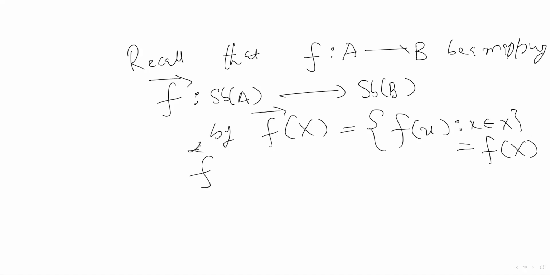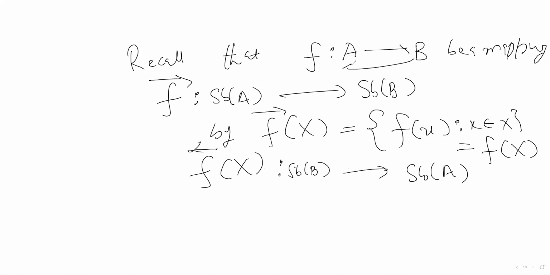And F backward arrow is actually the reverse image. F backward arrow would be from the set of subsets of B to the set of subsets of A, and every element of this goes to its pre-image. So any subset of B goes to its pre-image under this mapping F.